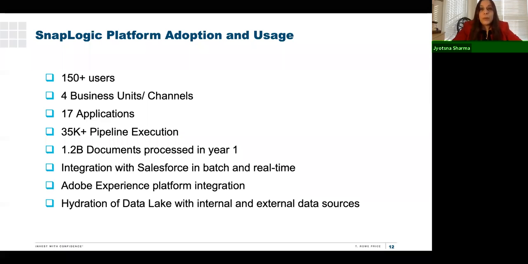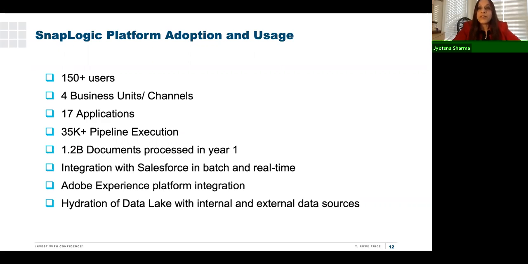And more importantly for us, the implementation of batch and real-time integrations between our CRM and marketing platform, which was critical from some of our key digital transformation goals perspective.